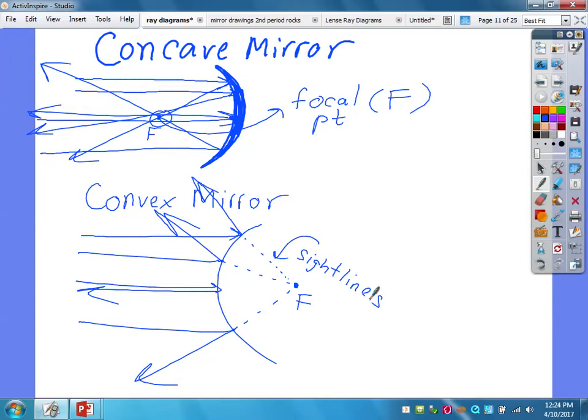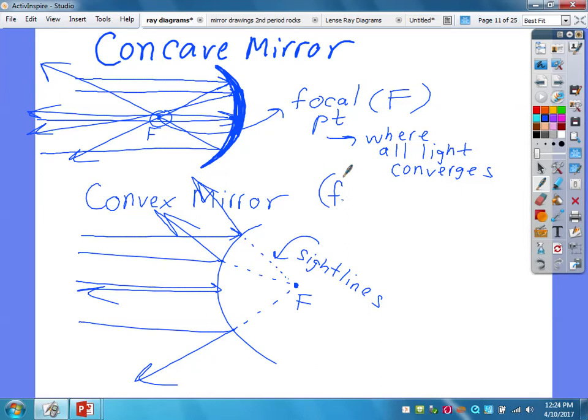So that also introduced a new term, the focal point. The focal point is the point where all light converges. Even with the convex mirror, technically those sight lines are all converging on the opposite side of the mirror. That's capital F when we start drawing these diagrams.